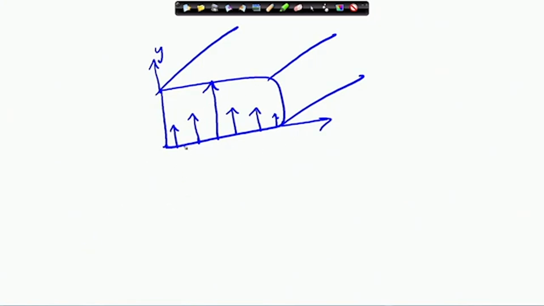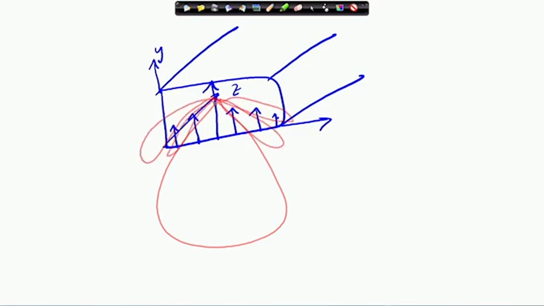For an open ended waveguide, the maximum radiation takes place something like this, and there are some small lobes.